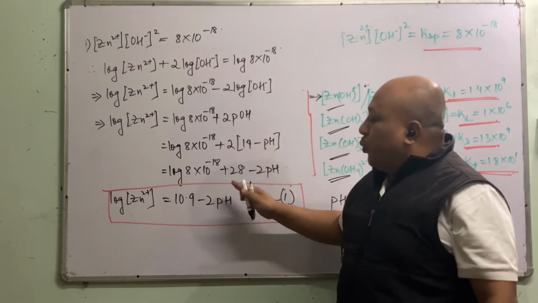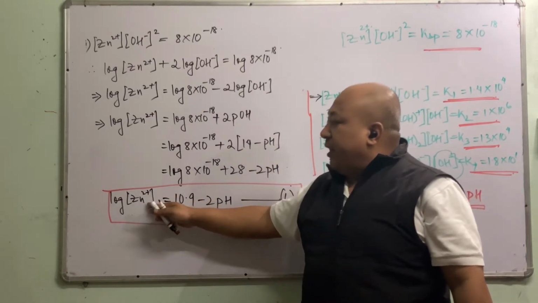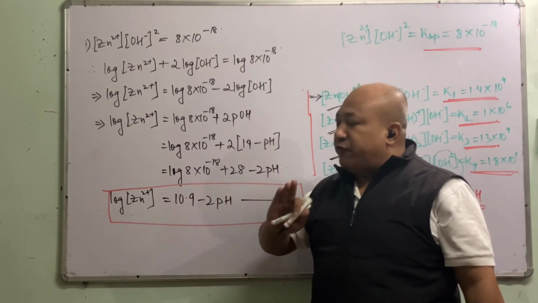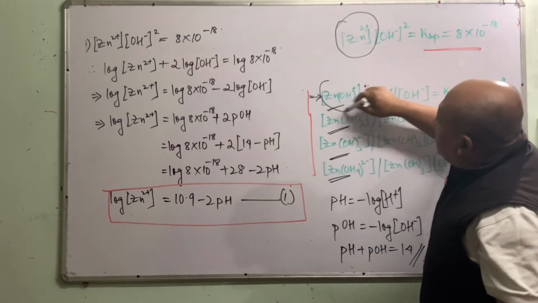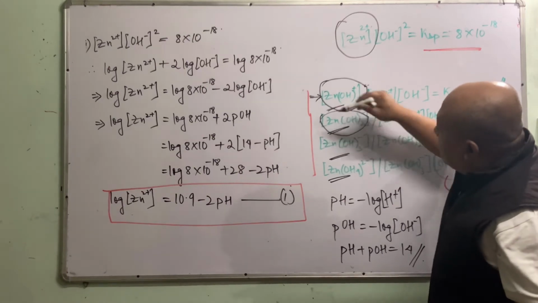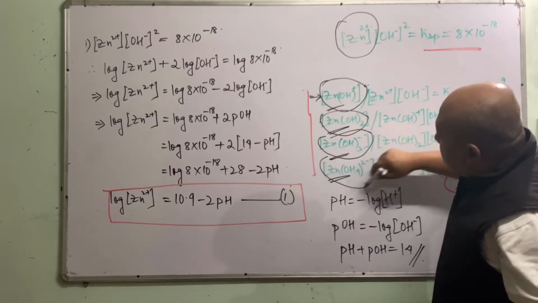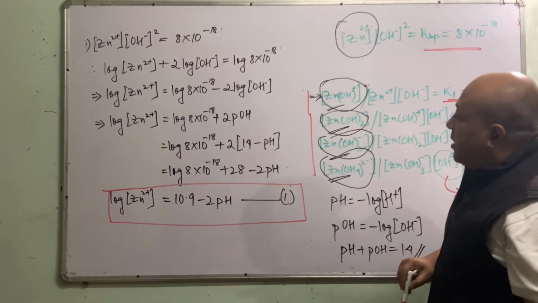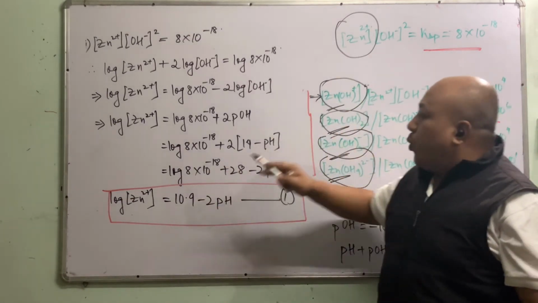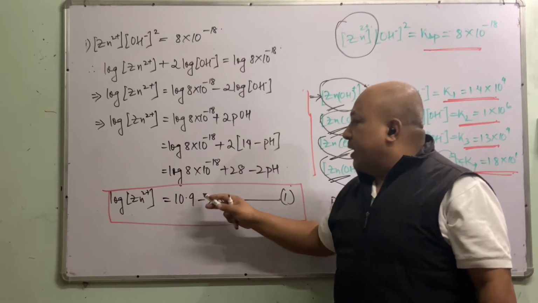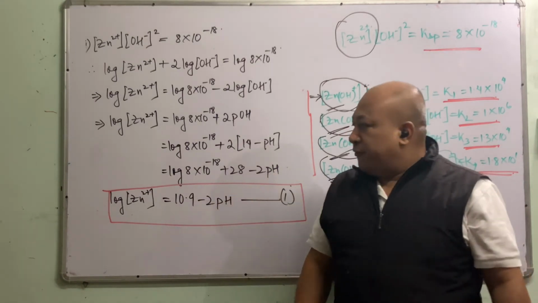We calculate, we obtain the log of any Zn2+ ions. Zinc is in different forms. Zinc can be in the form of Zn2+, ZnOH+, Zn(OH)2, Zn(OH)3-, Zn(OH)4 2-. So one of the zinc, log of zinc from the solubility product, what we obtain is 10.9 minus 2pH. Fine.